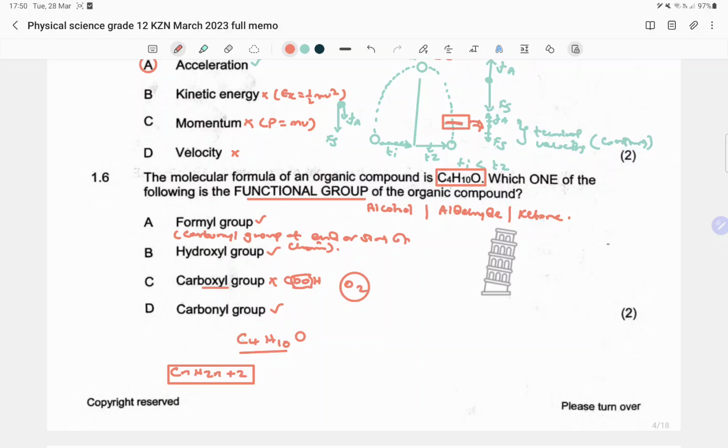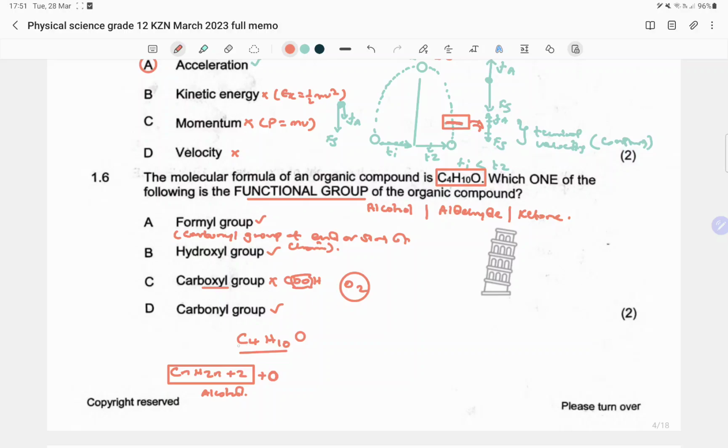If this matches that, then we know we are dealing with an alcohol. Of course, you add the oxygen. If that is the case, that is true.